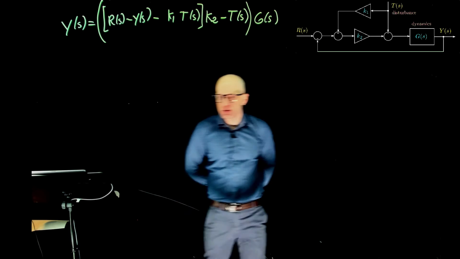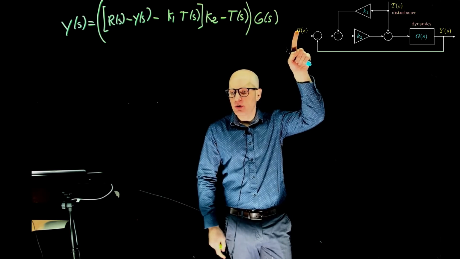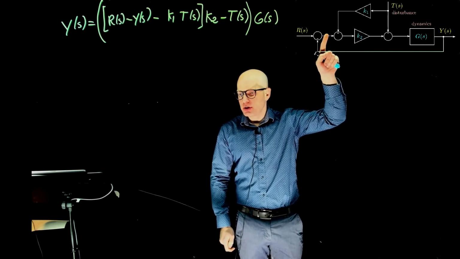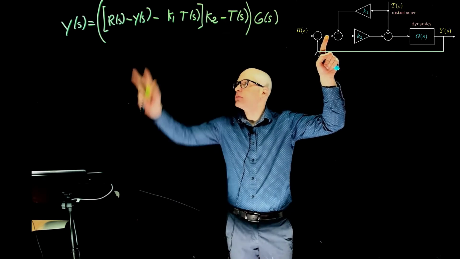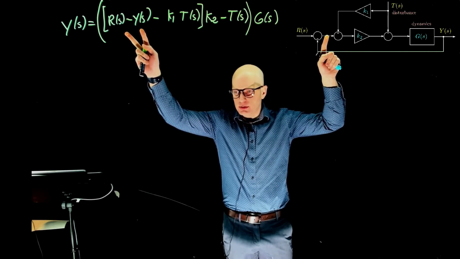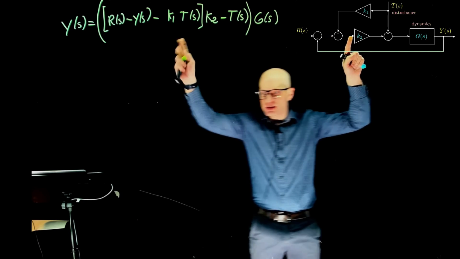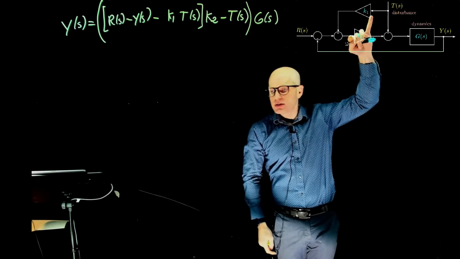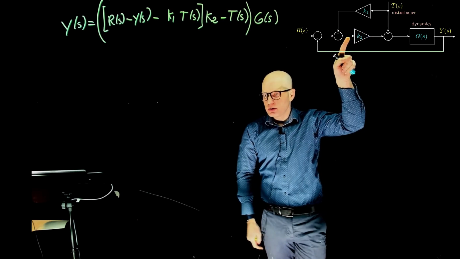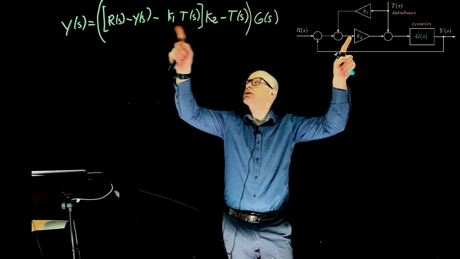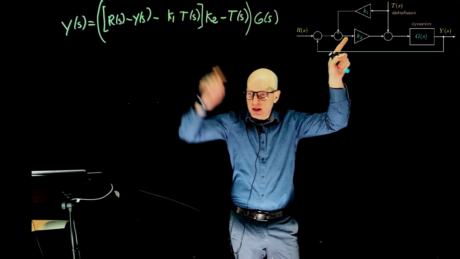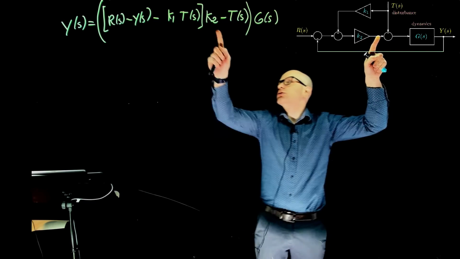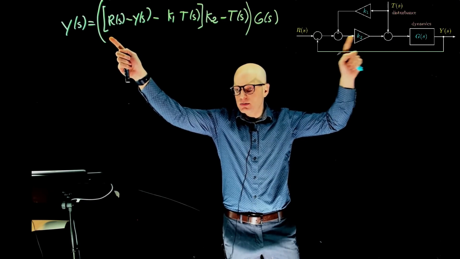Let's summarize this again. So we have, let's start from r and make our way towards y. At this point, we have r minus y. Then to that signal, which if we go here, is r minus y minus the signal that is coming down here. And the signal that is coming down is t times k1. So we are there, t times k1, so minus t times k1. The entire signal, when we move on, is multiplied by k2. So the entire signal here is multiplied by k2.